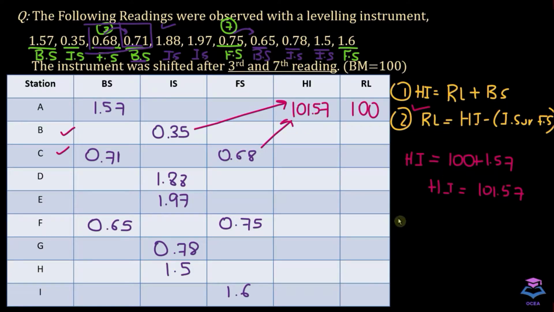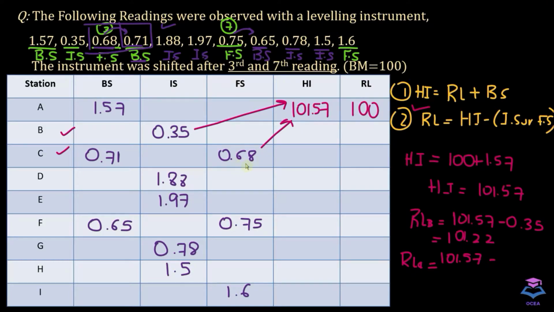So reduced level at B point is equal to HI, which is equivalent to 101.57, minus IS, which is equal to 0.35, 101.22. Similarly, RLC using this formula can be calculated as equal to 101.57 minus FS.